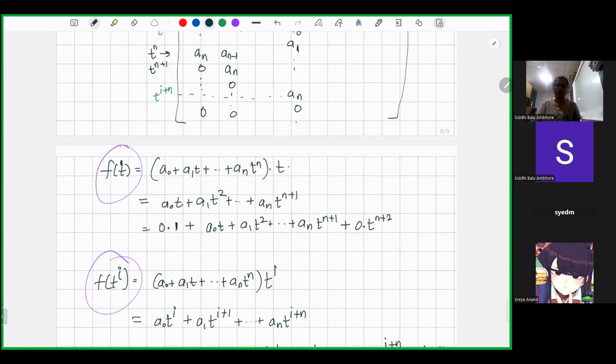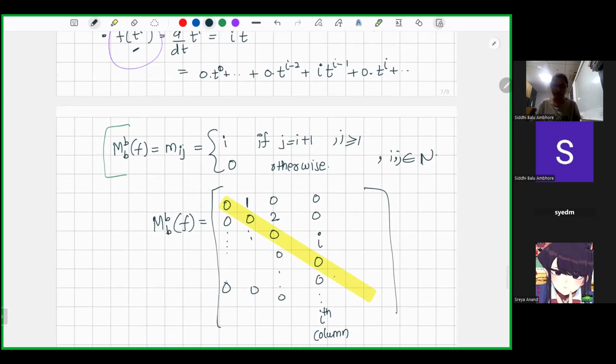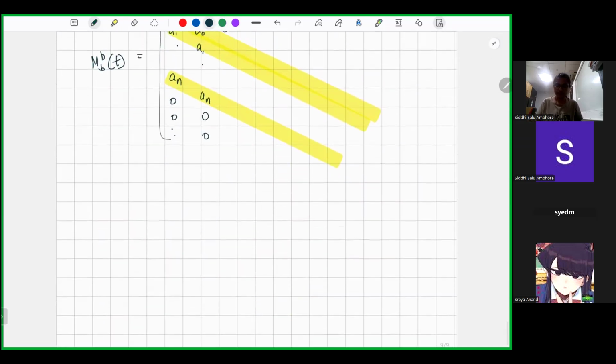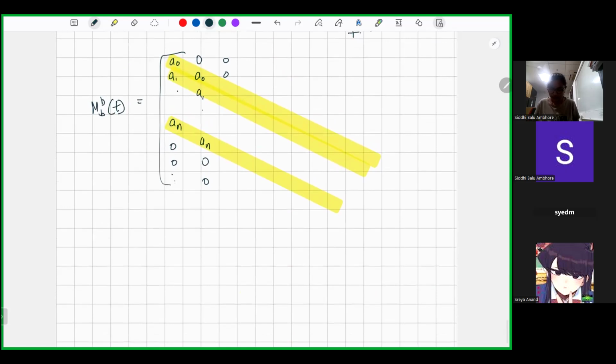If I want to write this again in compact form, hopefully, just try to write this. This matrix of f, it's not t, it's f.